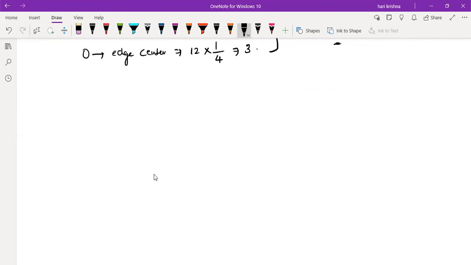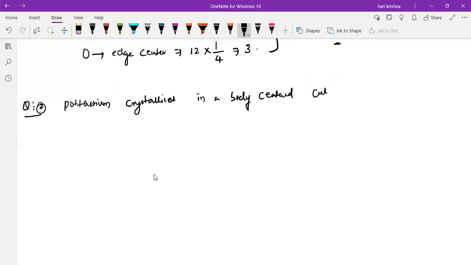The next question is, potassium crystallizes in a body centered cubic lattice. What is the approximate number of unit cells in 4 grams of potassium?